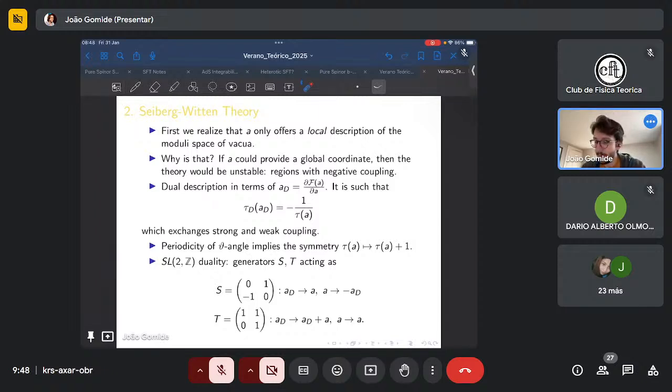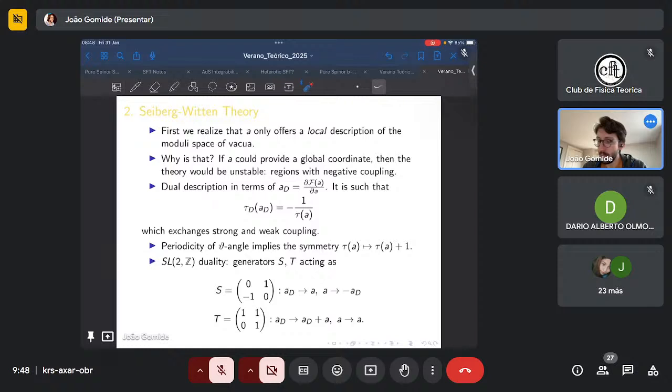So you have this set of duality generators which act on the coordinates of your theory, and you have all these different descriptions. So these generators make up this SL(2,Z). The group is bigger, but I'll just stick to SL(2,Z).